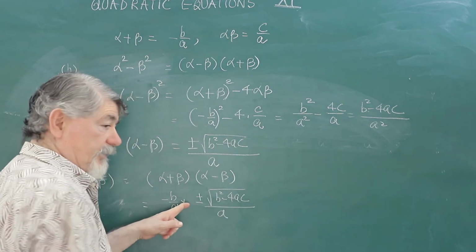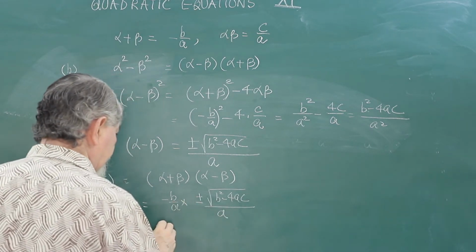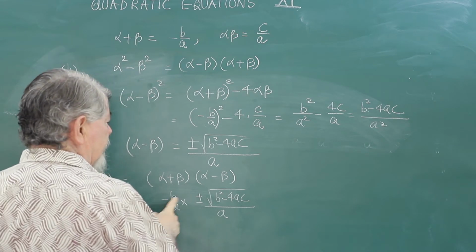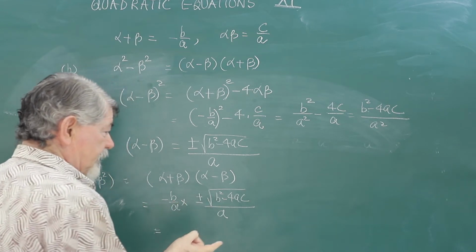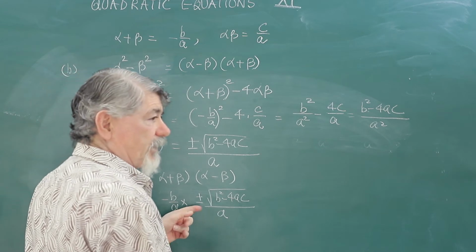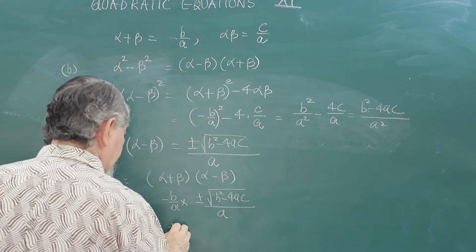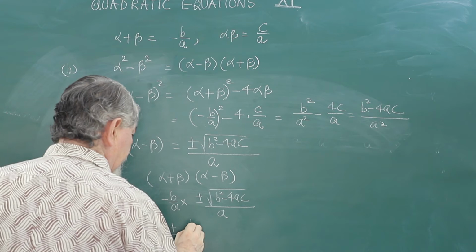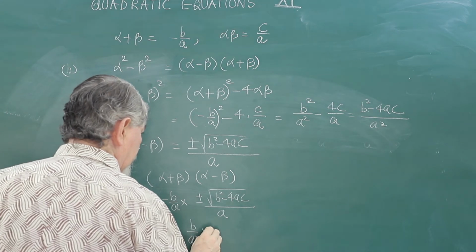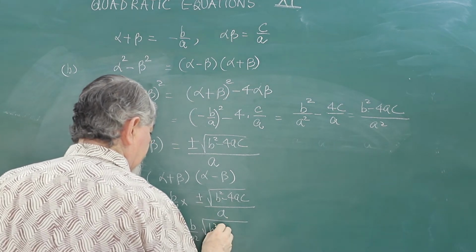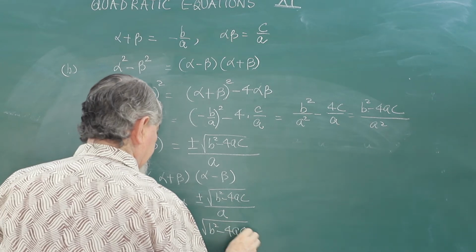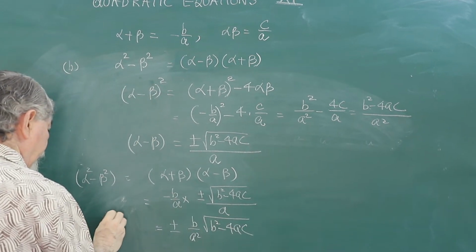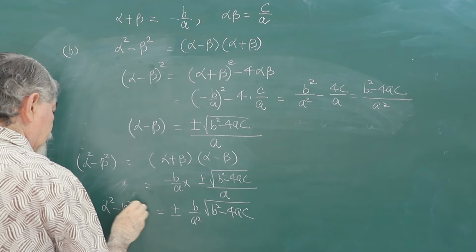This is multiplication, please remember. So minus into plus minus will become plus minus only. So it will be plus minus b upon a square under root b square minus 4ac.